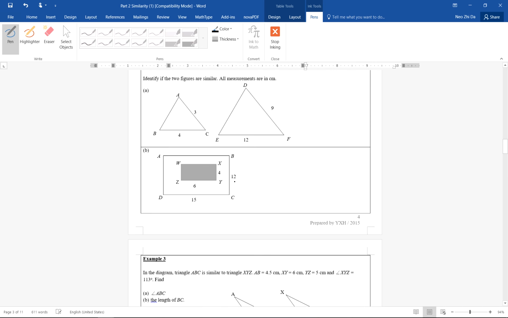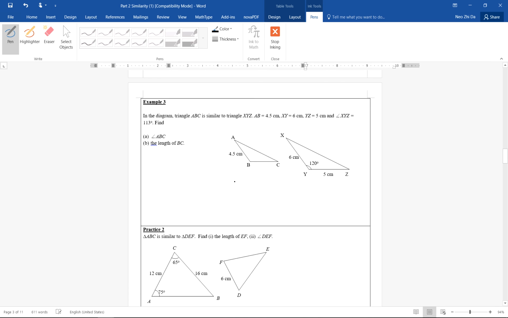You are not required to prove them. At this level, you are only required to use them. When people say this triangle is similar to this triangle, that means A corresponds to X, B corresponds to Y, C corresponds to Z. It has been done nicely for you also.